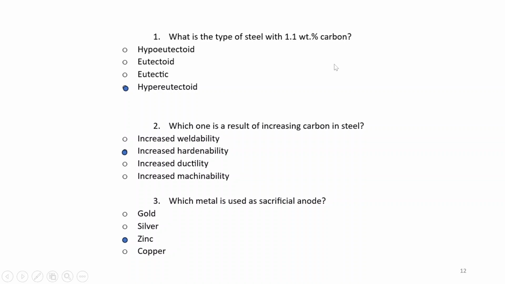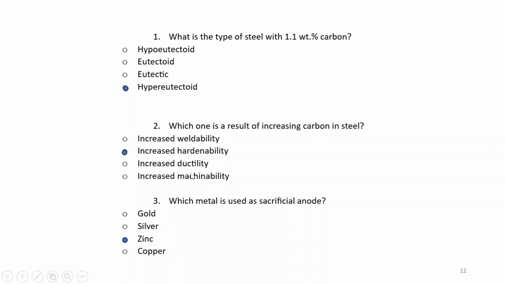Next, what is the type of steel with 1.1 weight percent carbon? It is higher than 0.8, meaning hypereutectoid. Which one is the result of increasing carbon in steel? Carbon will increase hardenability.